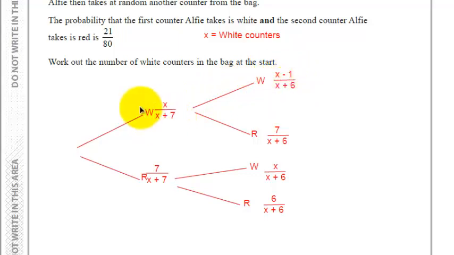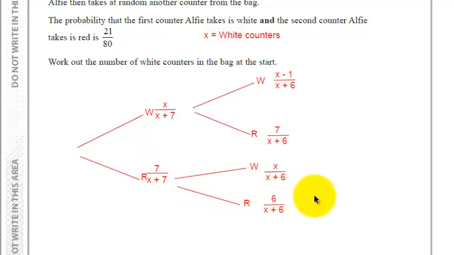And if I picked a white the first time, there are still 7 counters that are red left in the bag. If I picked a red counter the first time, there are still all of the white counters left, which I've called the letter X. And if I picked a red the first time, there are no longer 7, there are now 6.